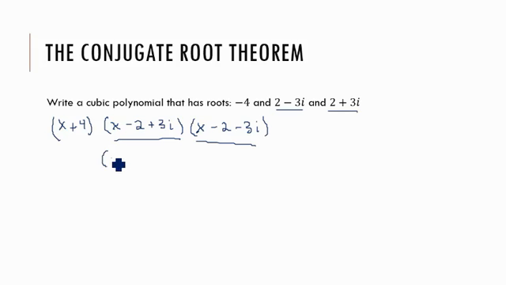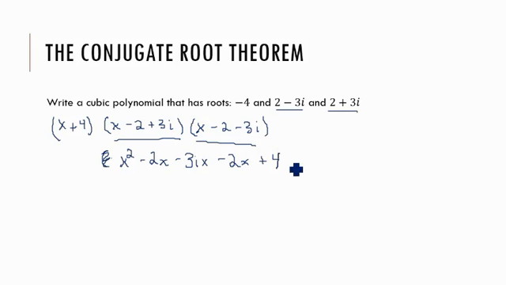So I'm going to have, I'm not going to write that yet, x times x would be x squared. X times negative 2 would be negative 2x. X times negative 3i would be negative 3ix. Negative 2 times x would be negative 2x. Negative 2 times negative 2 would be positive 4.